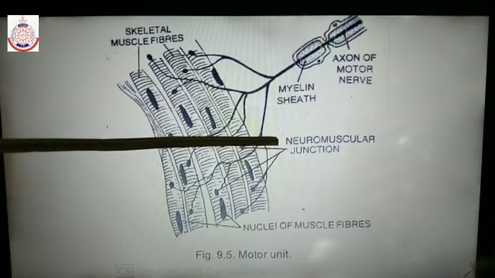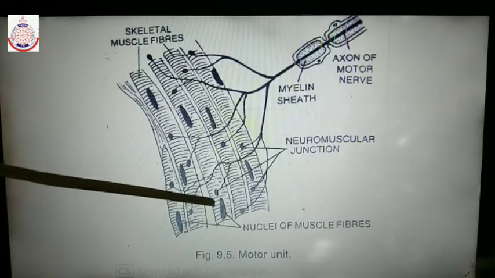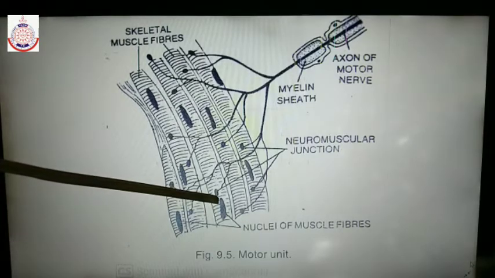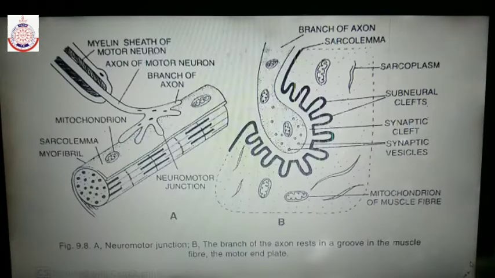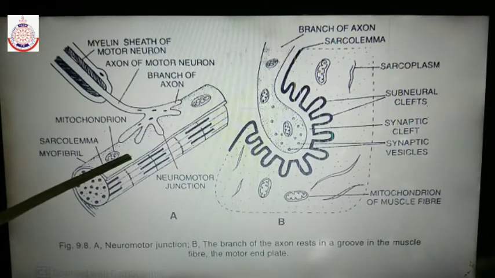Neuromuscular junction or motor end plate. The second name is motor end plate. Now here you can see the neuromuscular junction more clearly. This is the motor unit: this is the motor neuron and this is the sarcolemma of the muscle cell.